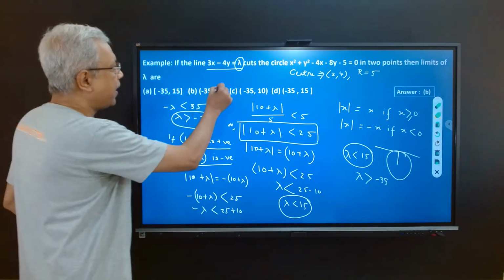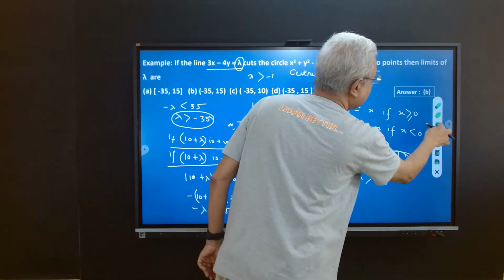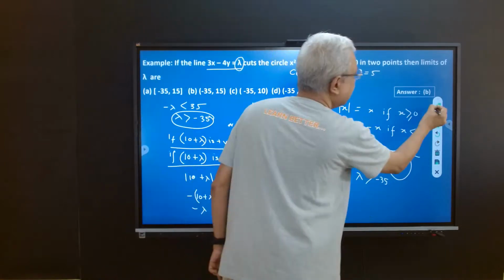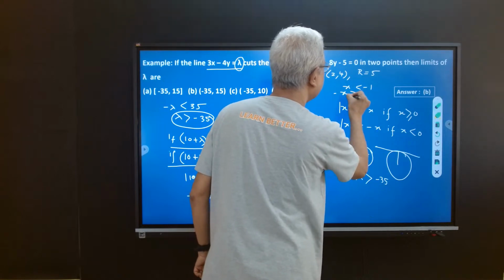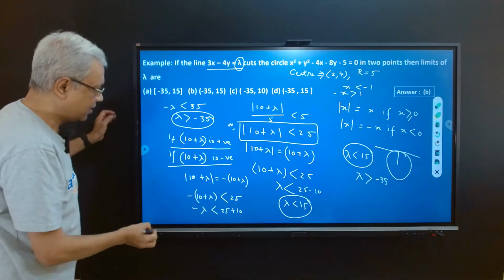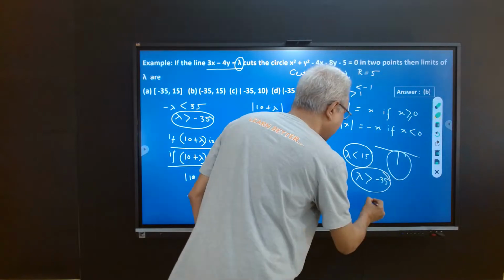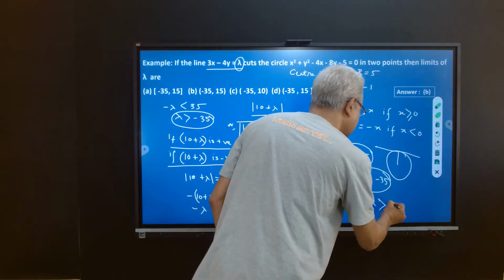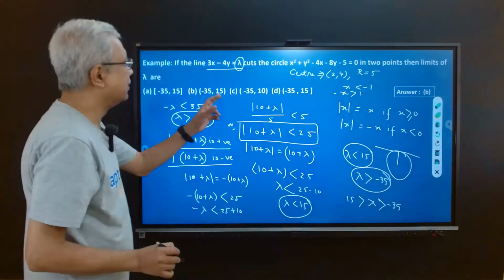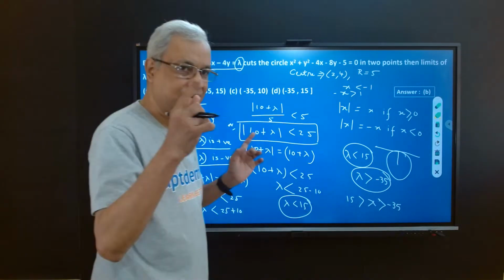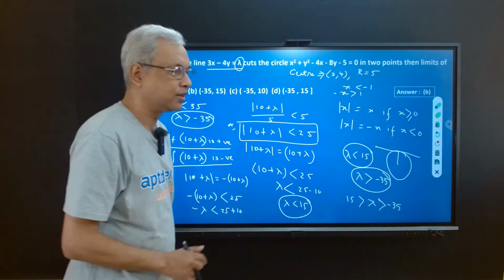Because if x is less than minus 1, then minus x should be greater than plus 1. That you know, it is basic algebra. So lambda is greater than minus 35. If you couple both these things, I can write lambda is greater than minus 35 but less than 15. On the number line, it lies in the range minus 35 to 15, but 15 is excluded and minus 35 is excluded.